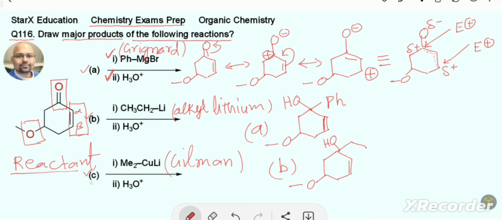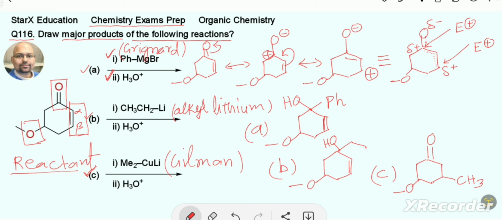Now in part C, the Gilman reagent. The major difference between Grignard reagents and Gilman reagents is that Gilman reagents are soft nucleophiles, so they would add on the beta carbon. After the acidic workup, the carbonyl group reforms and the conjugate addition takes place.